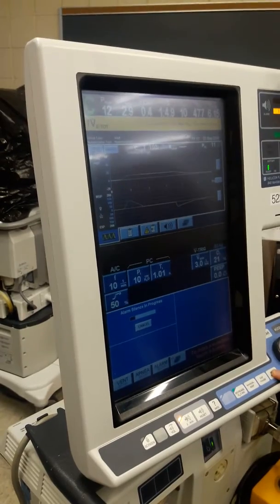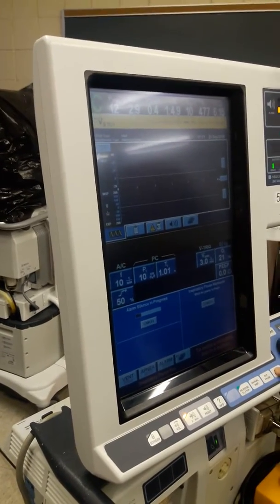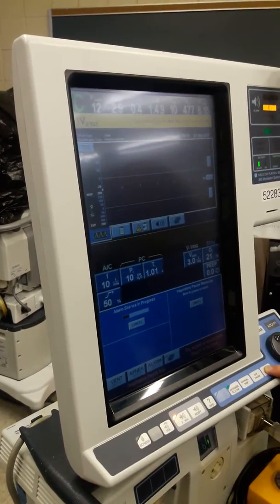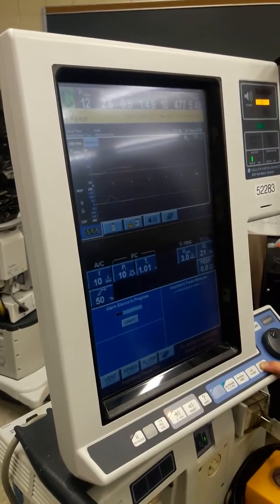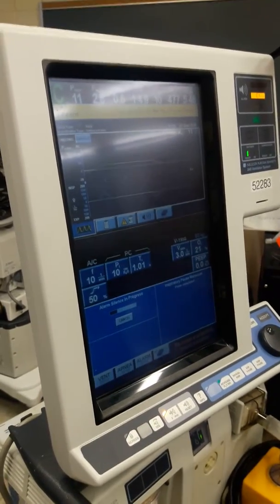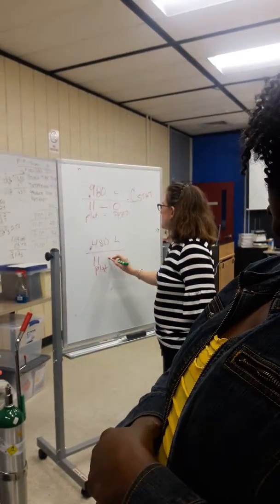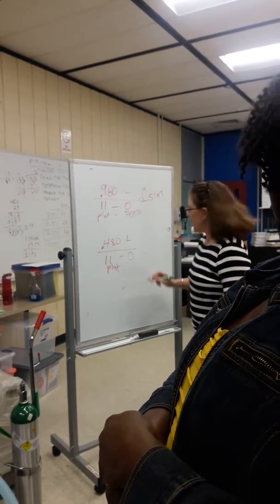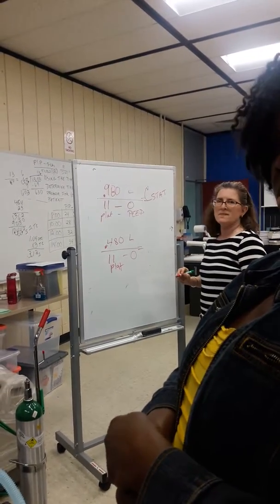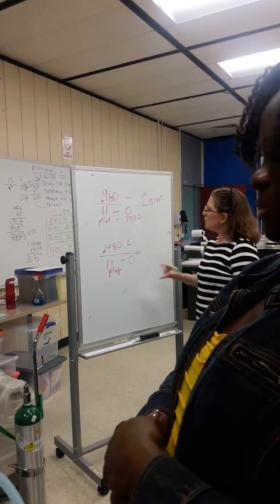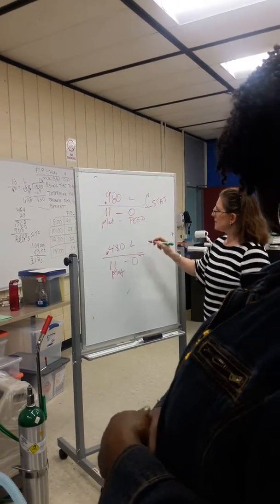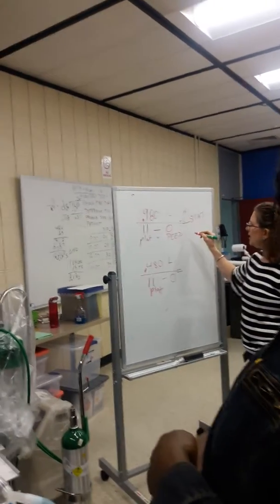So here's the problem. We're dealing with a ventilator in a fake lung. Plateau pressure is still 11. It's still 0. So let's just look at this. This is 11, right?